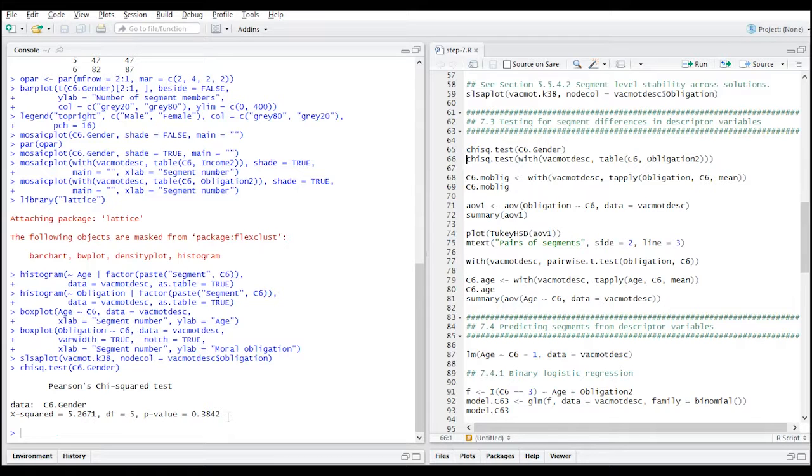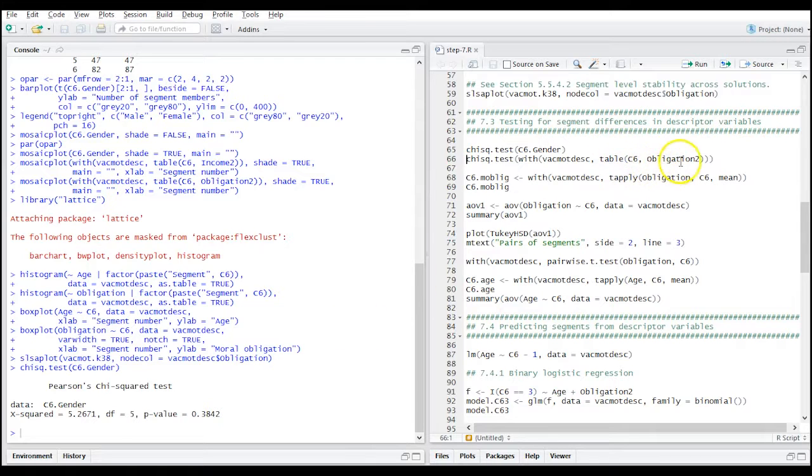So this happens quite likely if the null hypothesis is true, and that's why we decide to retain the null hypothesis, and we cannot reject it. So we didn't find significant differences in gender distribution between segments.